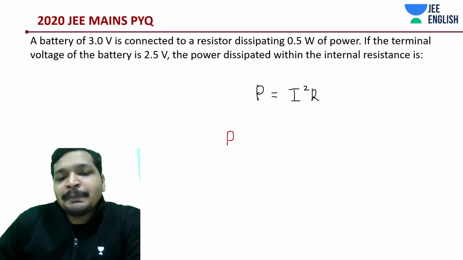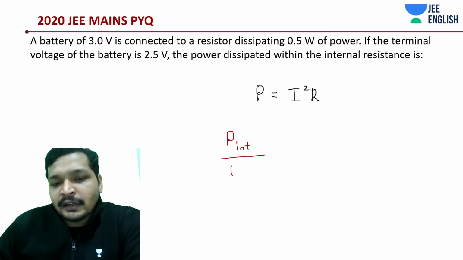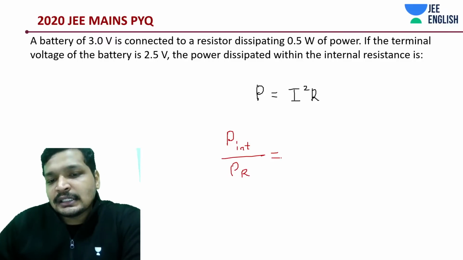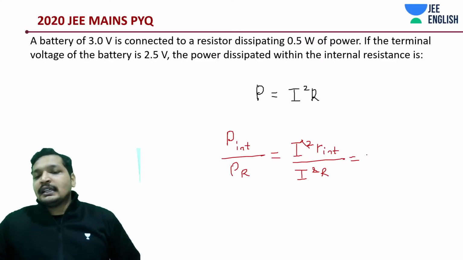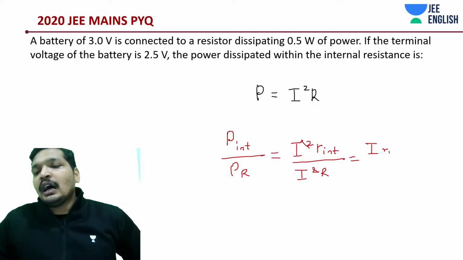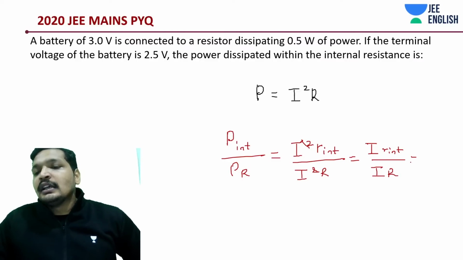So the power dissipated across the internal resistor divided by the power dissipated across the external resistor is going to be I squared R internal divided by I square capital R. I can cancel out just one I and say that this is I into R internal divided by I into R external. We have that value.